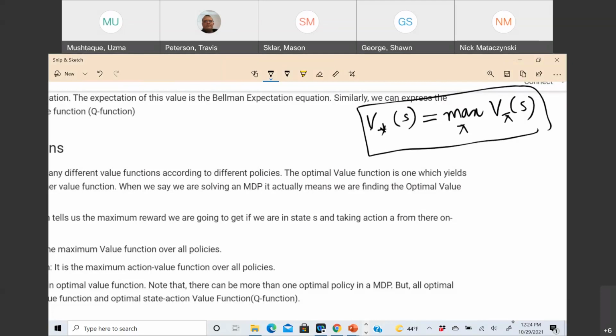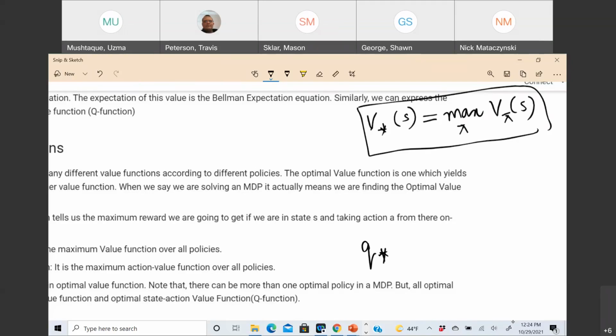So I'll also define my optimal state action value function, or my optimal Q function. And similar to my V function, my Q function is telling me that my optimal value is when I get the maximum reward when I take an action A and I move from state S to S prime, right? So the only thing that gets added from V to Q is the action part, right?